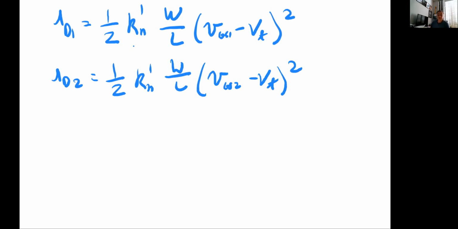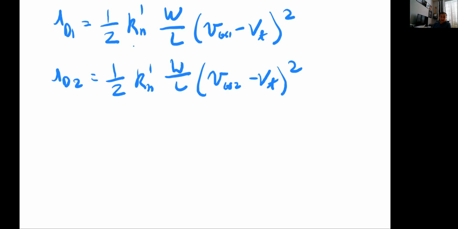So what I can do is solve, because I want to find out how these currents relate to the differential input voltage. And I know that my output voltage is going to be related to those currents because they're going to be a voltage developed across the load due to these currents.